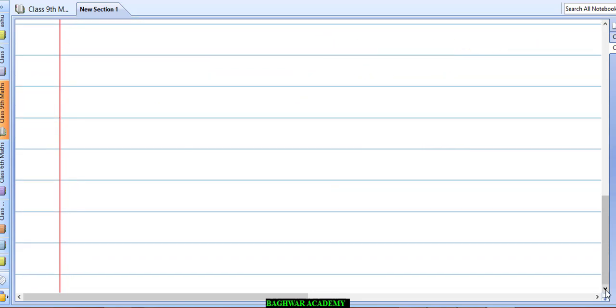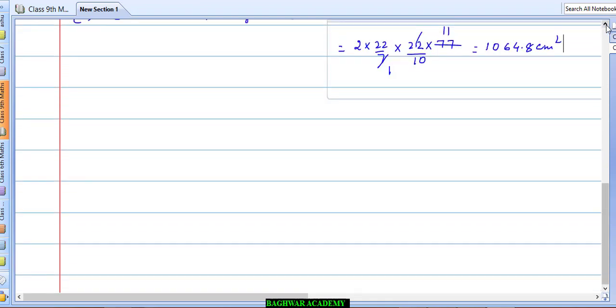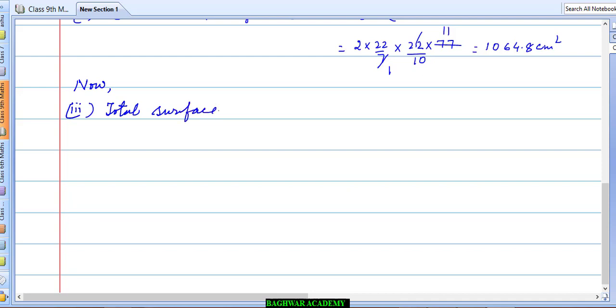Now we need to find out the total surface area. The total surface area will have the curved surface area, both inner and outer, and the area of both the circular ends.